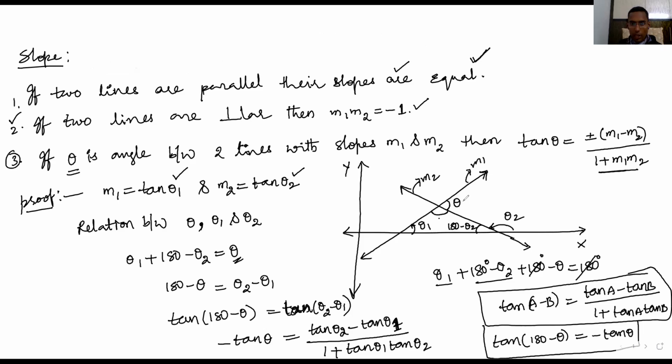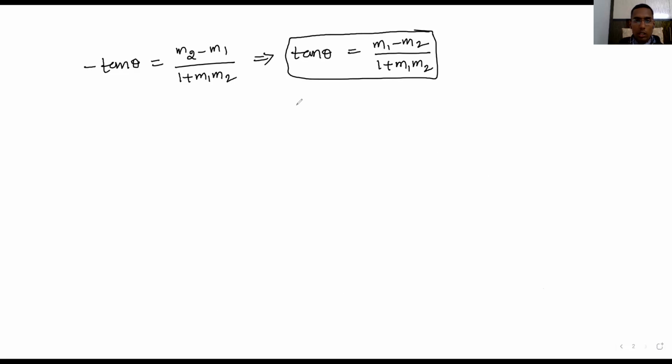But here, if you see the acute angle only, this is 180 minus theta. If theta is the angle between the lines, 180 minus theta is also the angle between the lines. These are the two lines, right?